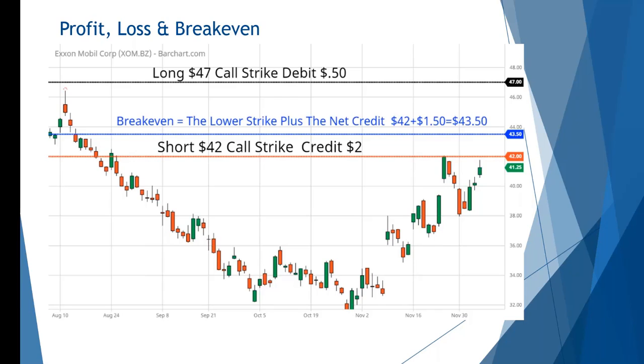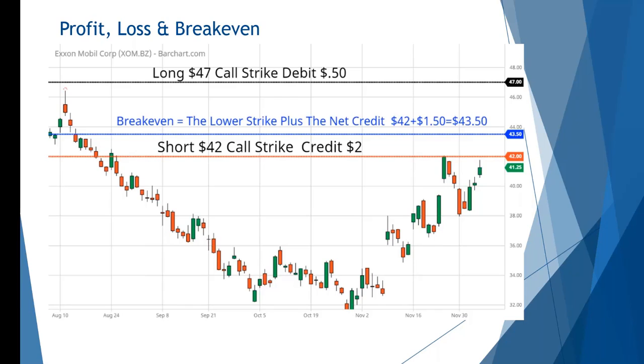Now, what could have happened is that the premium that I took in before expiration could be greater than the intrinsic value of the call that we sold. For instance, let's say on the day of expiration, Exxon is trading at $42.50. There'll be no premium in this value, but there would be an intrinsic value of 50 cents.